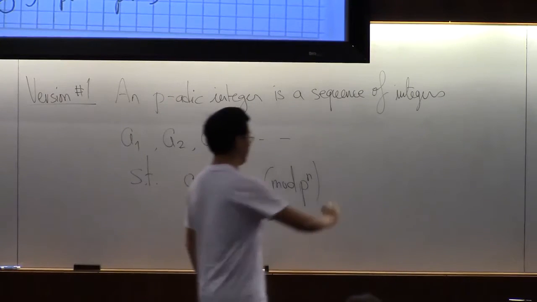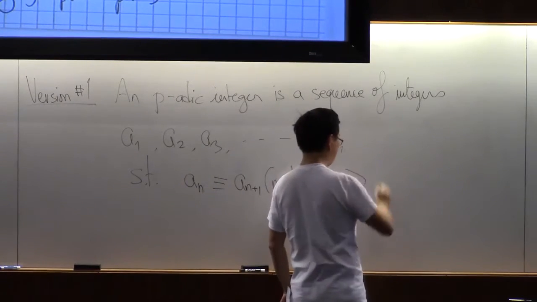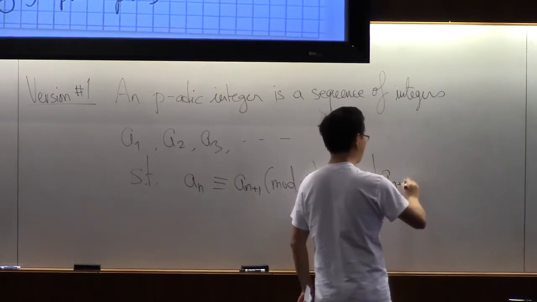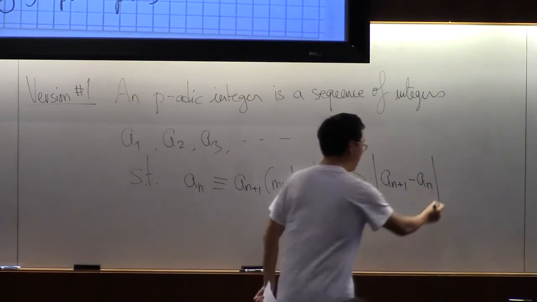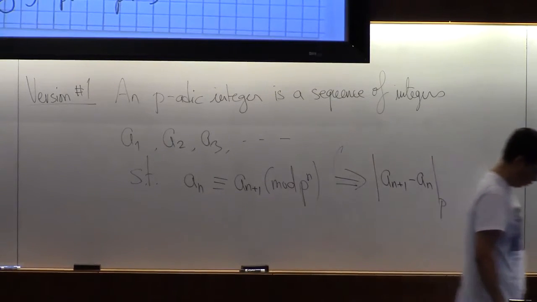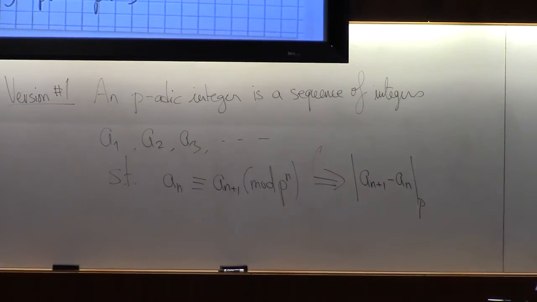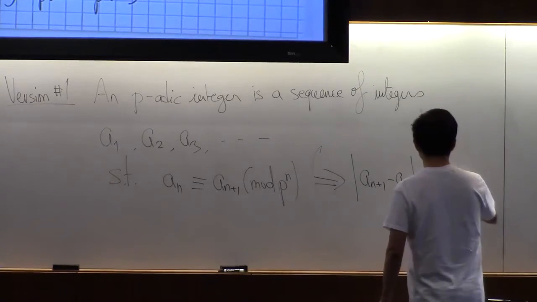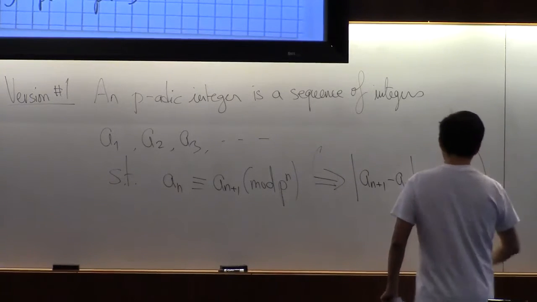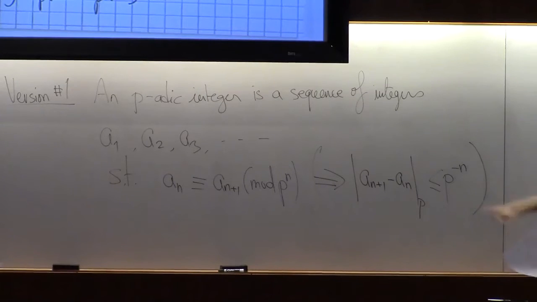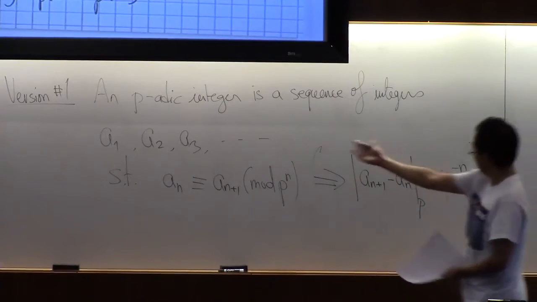This would imply that if you take the difference between a_(n+1) and a_n, the difference is divisible by p to the n, and therefore the corresponding valuation will be greater than or equal to n, and the corresponding p-adic norm will be less than or equal to p to the negative n. As n gets larger and larger, this number is extremely small, going exponentially small. So this sequence will converge.